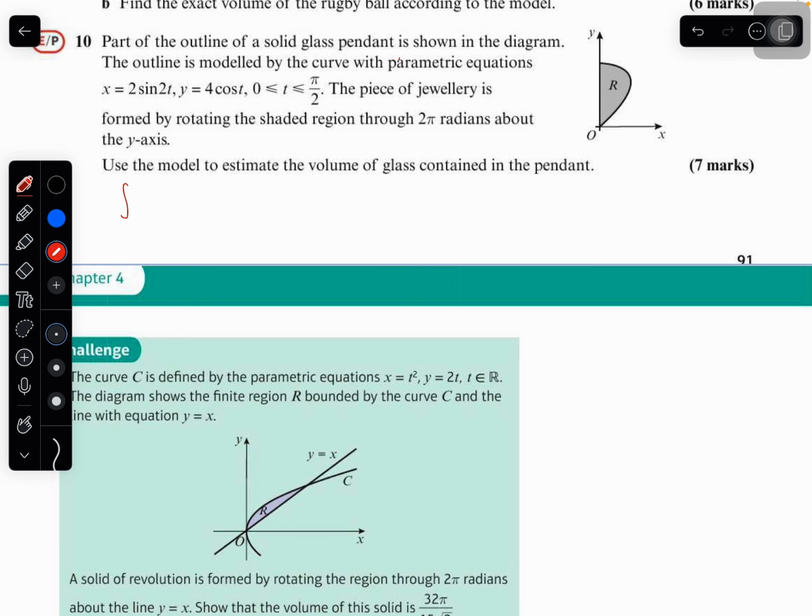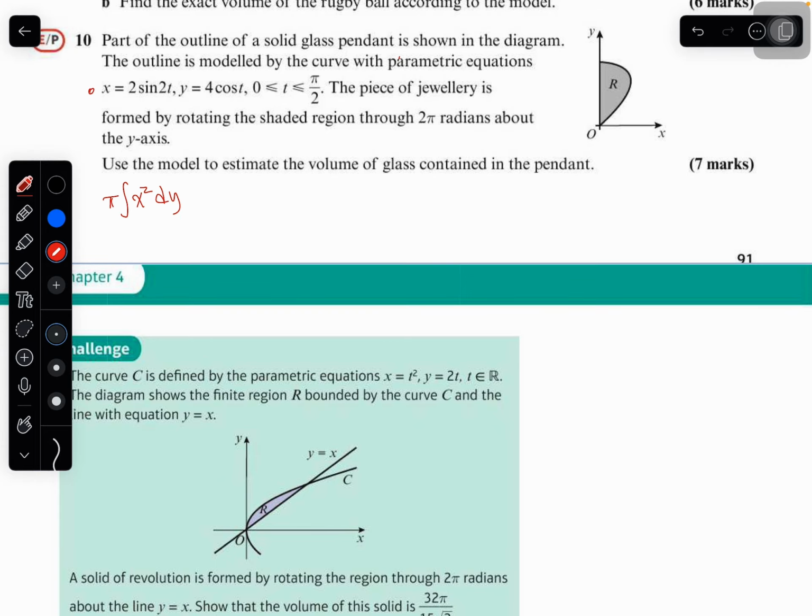So integral, now because this is rotated about the y-axis, pi x squared dy, and we need to know the boundary of y, when x equals 0, t from 0 to pi over 2.